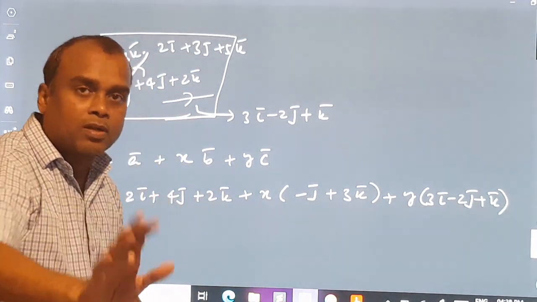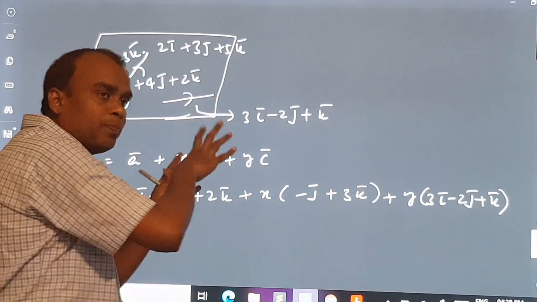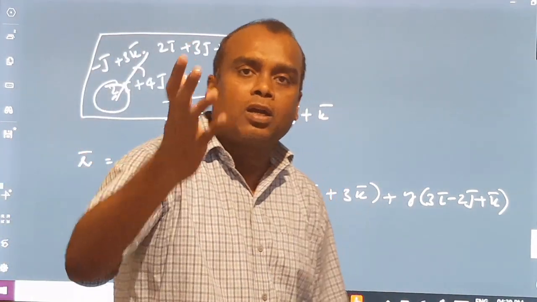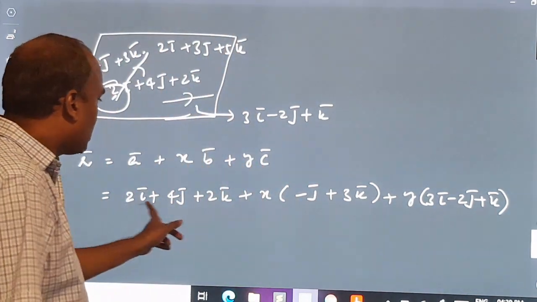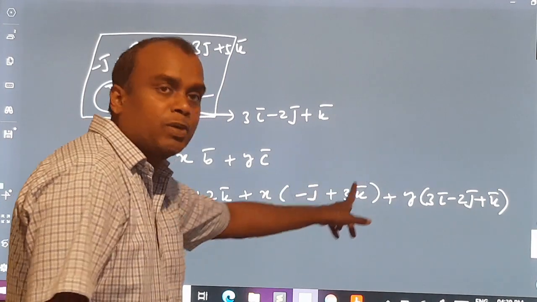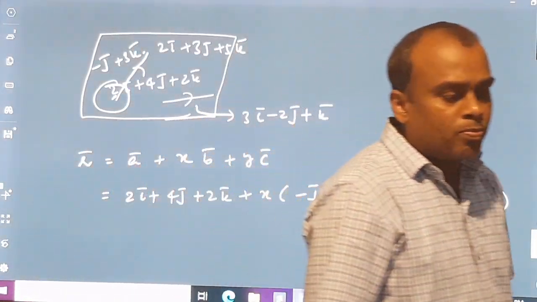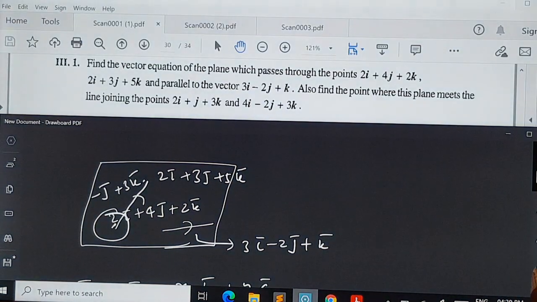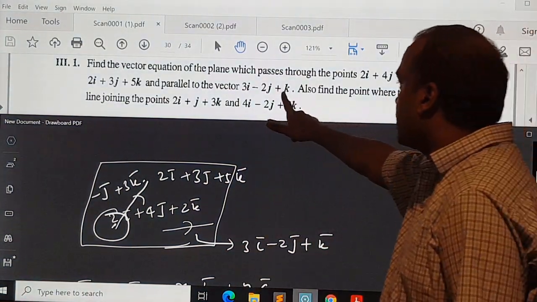It doesn't matter. For the same plane, whatever equation we write need not look the same, because the point might be different and the way you are forming the vector might be different. So basically we have the equation of the plane here, and that is the first part of it.